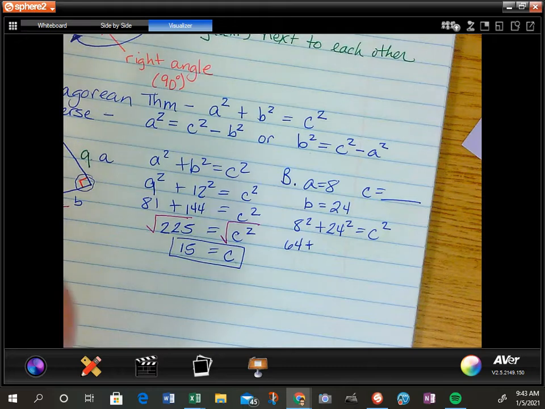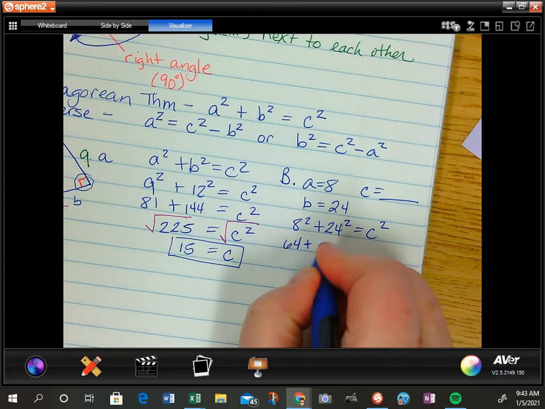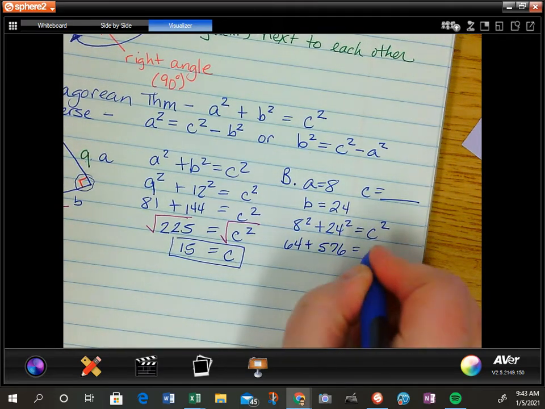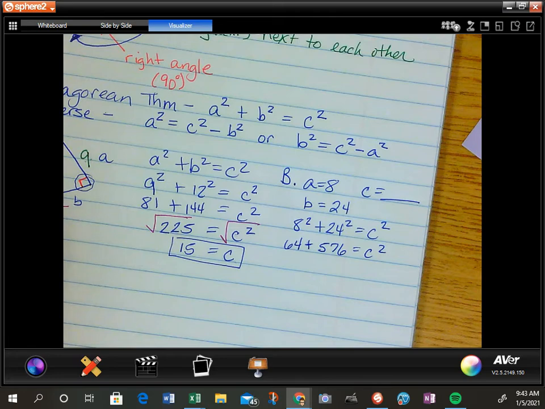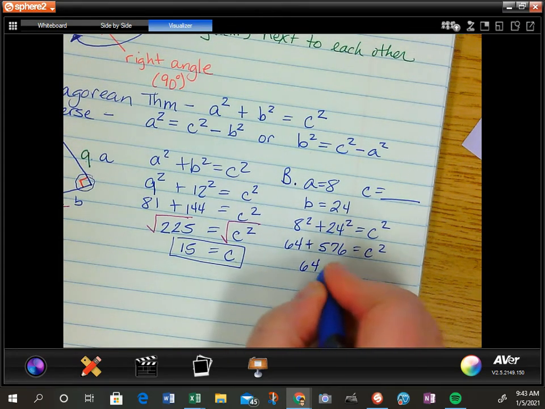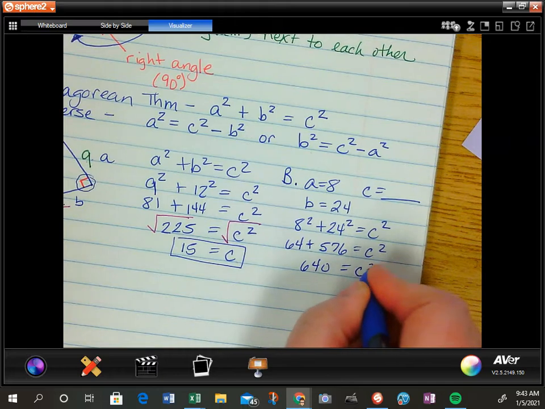Oh, where's my calculator? 24 times 24 equals, wow, is that right? 24 times 24. Nope, 576 equal to C squared. And then add 64. 640 equal to C squared.